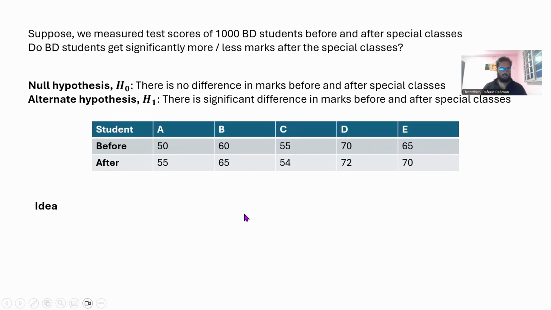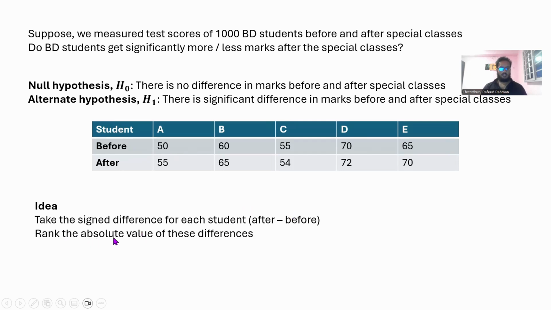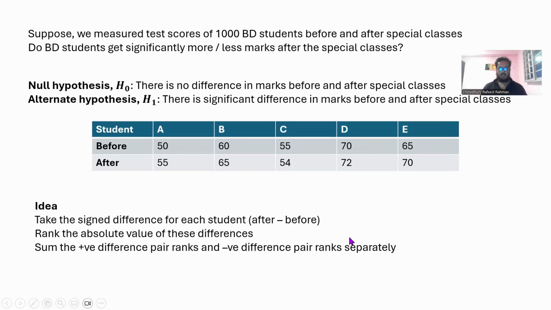So here is the idea. Let's discuss the idea first, and then we are going to see the concrete example. The idea is we are going to take the signed difference for each student, that means what happened after minus what happened before. Then we are going to rank the absolute values of these differences. After ranking, we are going to sum up the positive difference ranks, and we are also going to sum up the negative difference ranks separately.